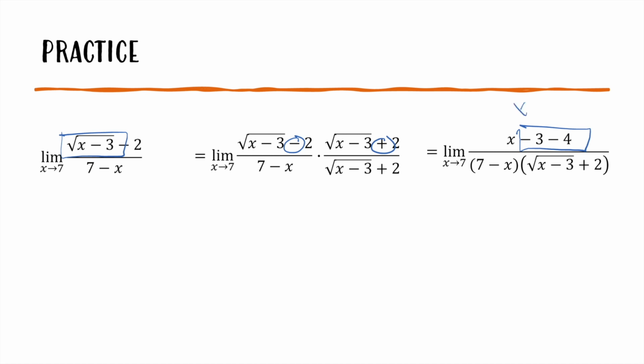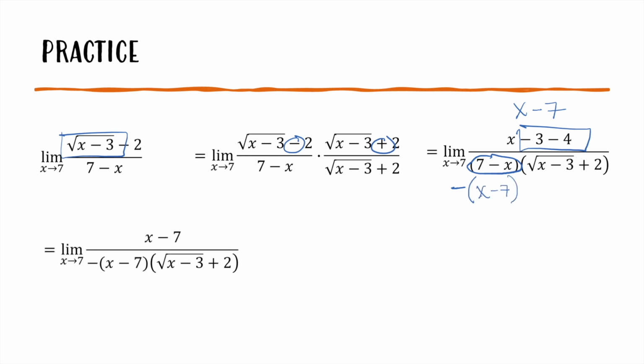Now that becomes x minus 7, which is really close to 7 minus x, but not quite. So if I pull out a negative from the 7 minus x, I can actually switch those to that, okay? So we are here. Now we can cross out those x minus 7s. We have a new limit problem. Now just plug in 7 and the answer is negative 1/4.